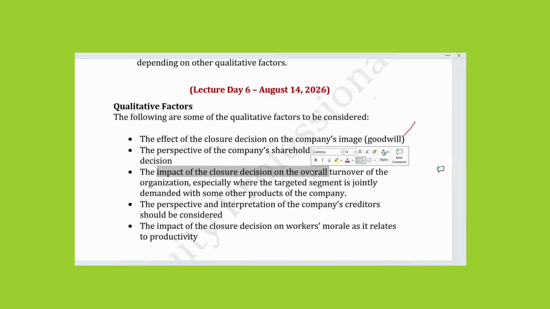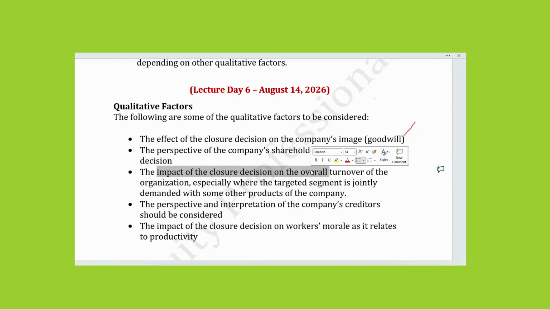Meanwhile, product B and C are jointly demanded. What that simply means is that customers buy the two together. So if you say you are not producing product B again because it's generating loss, that means the sales of product C would be badly affected because customers will not patronize you. They want to buy the two together.